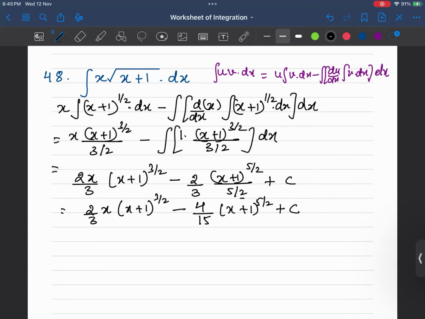I think it's clear. Even we can write it by taking something common out of it.